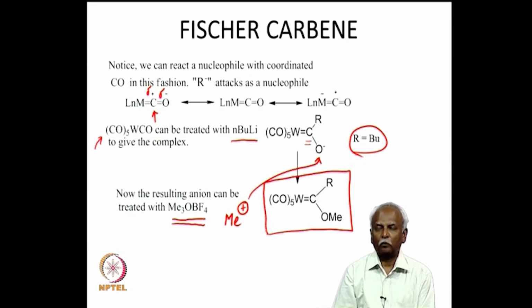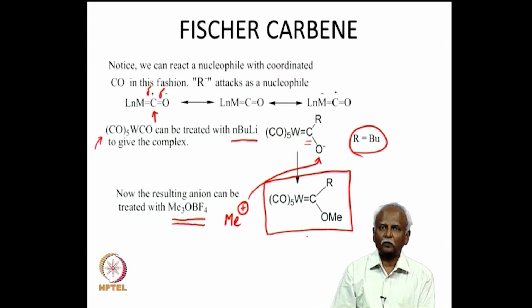a molecule which can be called the Fischer carbene, because Fischer was the first person who made these molecules, and these were characterized long before N-heterocyclic carbenes. However, we have looked at these in the light of the reactions that can happen with isocyanides which are coordinated to the metal. So, there is a conceptual relationship between the two.